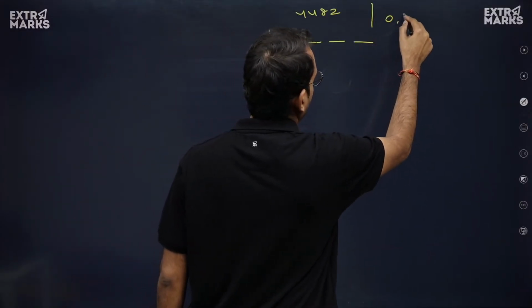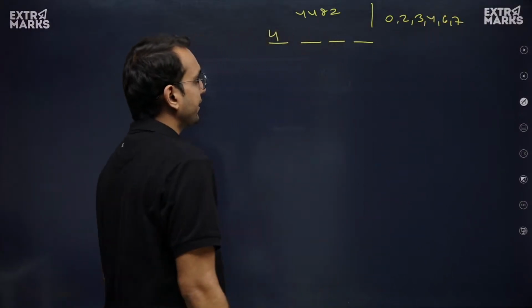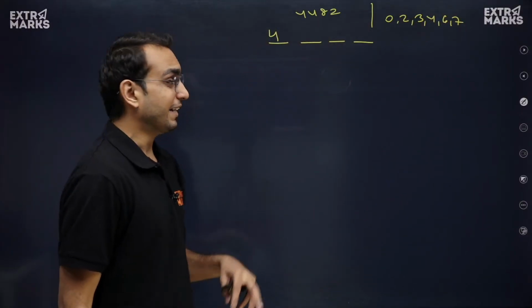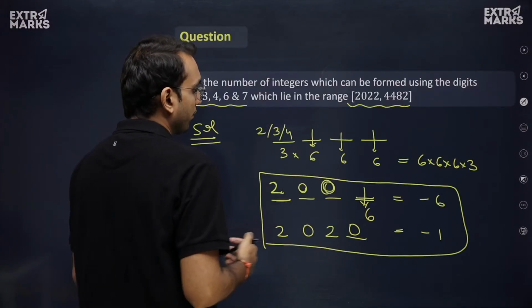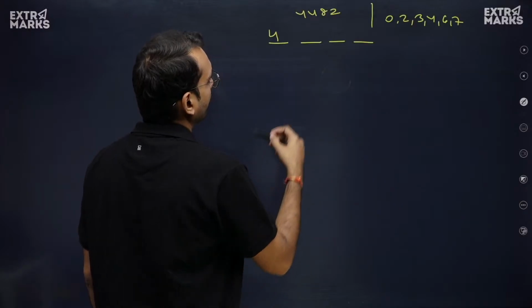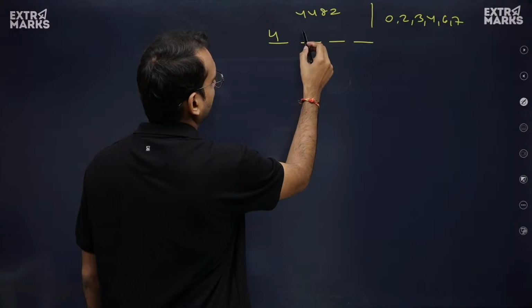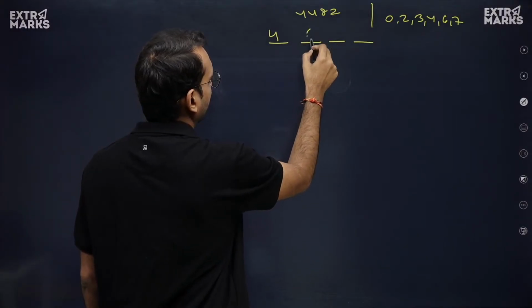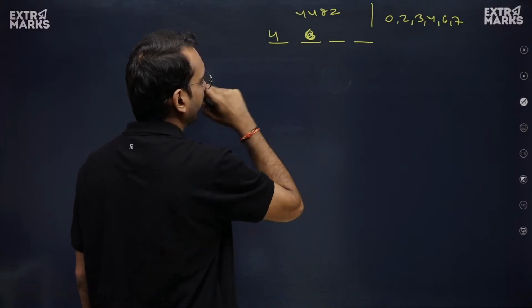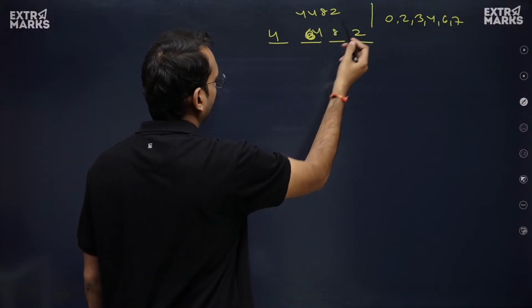So if the leftmost digit is 4, is there a number which we have to remove? If I start my number with 4, then 4482, I want 4482.